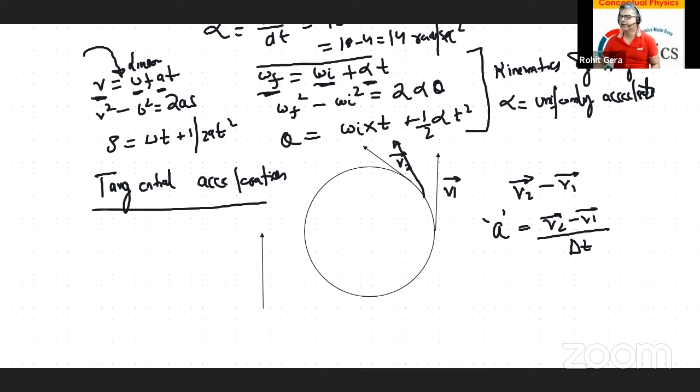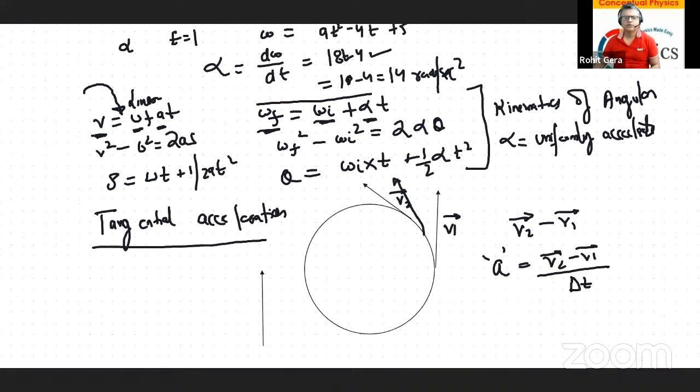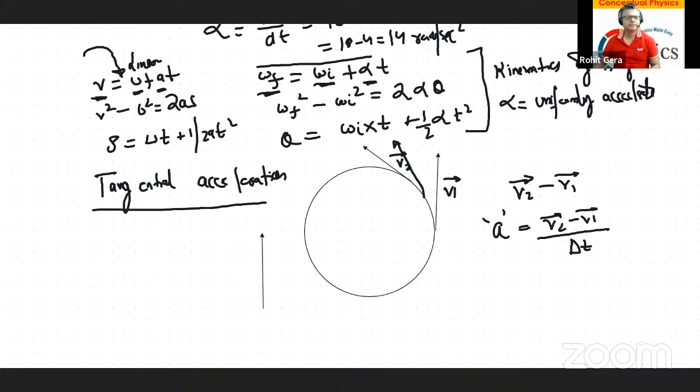Tell me, what is a radial acceleration? Which acceleration is along the radius? Centripetal, right? It is in this direction, towards the center. Which acceleration is tangent to the circle?